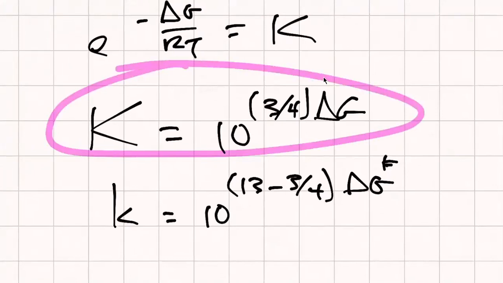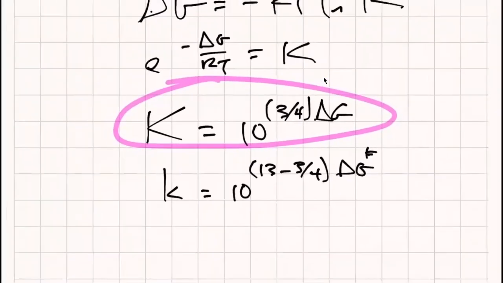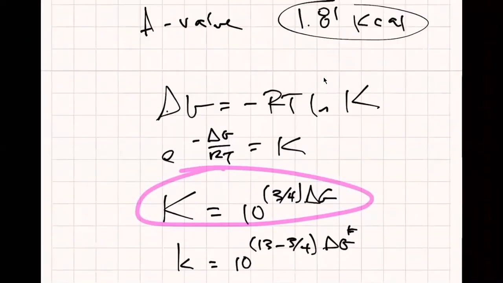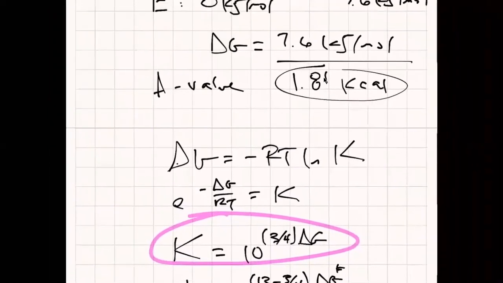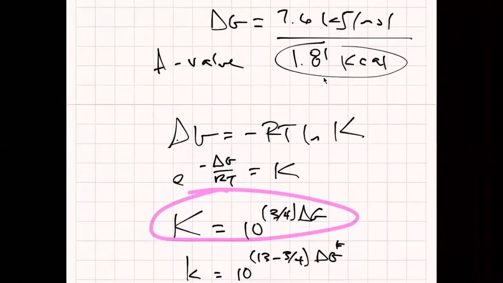So if we plug in the equilibrium constant, K, using the numbers that we have, delta G in kilojoules as well as in kilocalories, and the gas constant R, of course, is going to depend on whether you're using kilojoules or kilocalories as well.